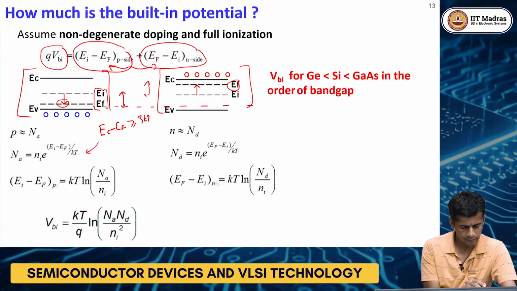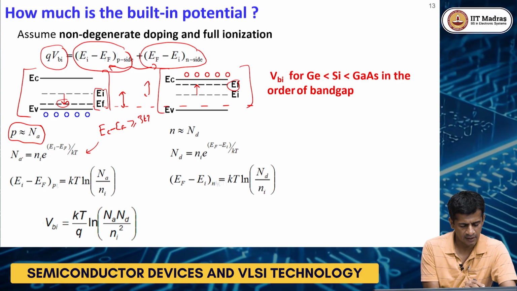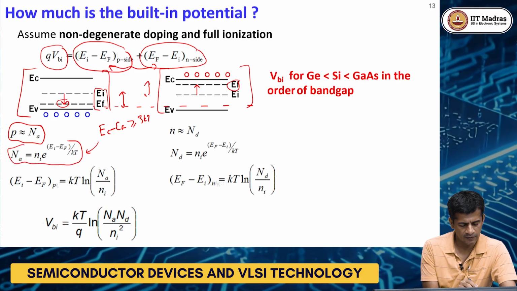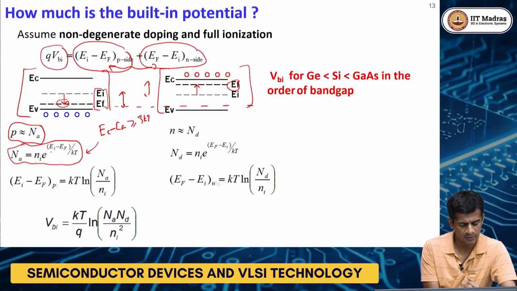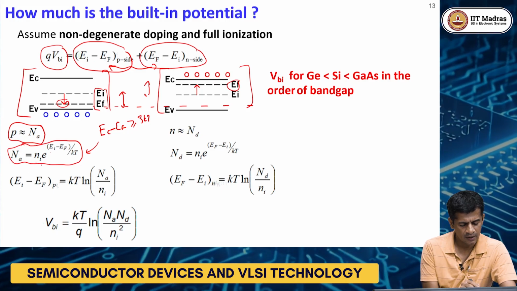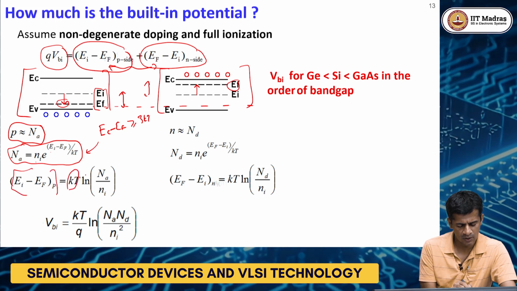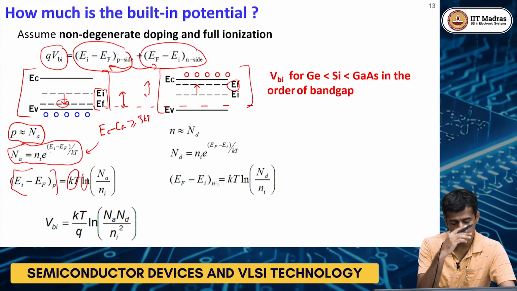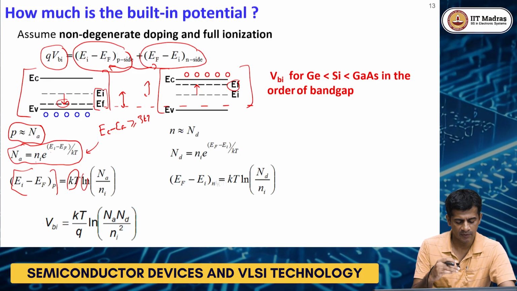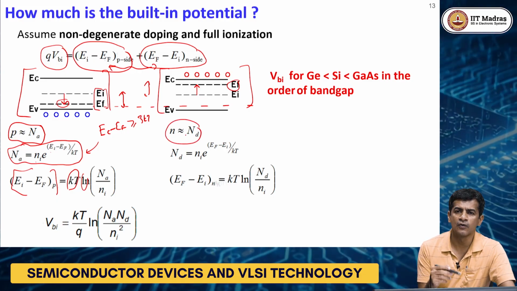So in the p-type, the hole concentration is p = ni times exponential of (Ei minus Ef) by kT. Then Ei minus Ef is nothing but kT times the natural logarithm of Na by ni. That is how far the Fermi level is from the intrinsic level. You can do the same thing on the n side.